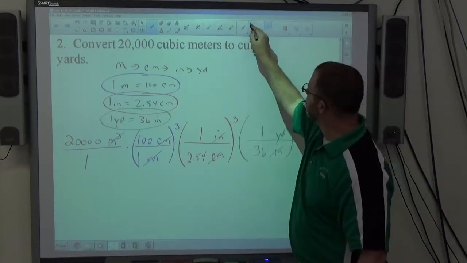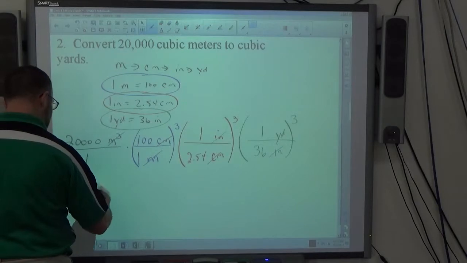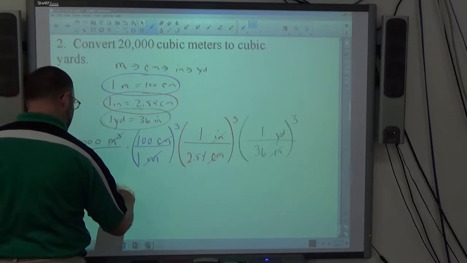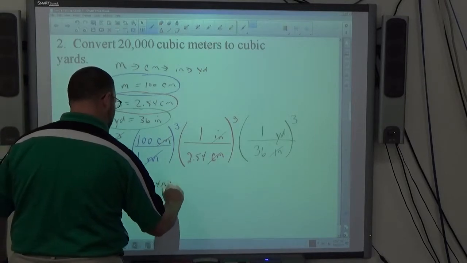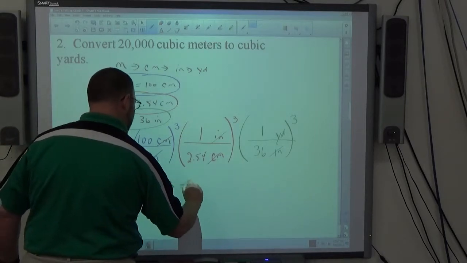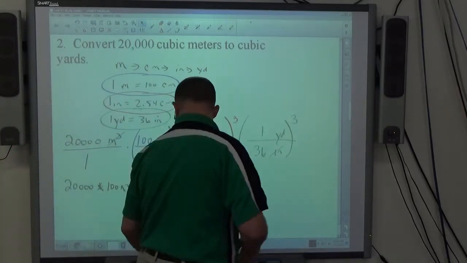So to get the answer, I'm simply going to do 20,000 times 100 to the 3rd power divided by 2.54 to the 3rd power divided by 36 to the 3rd power. I'm going to type it in my calculator just like that.